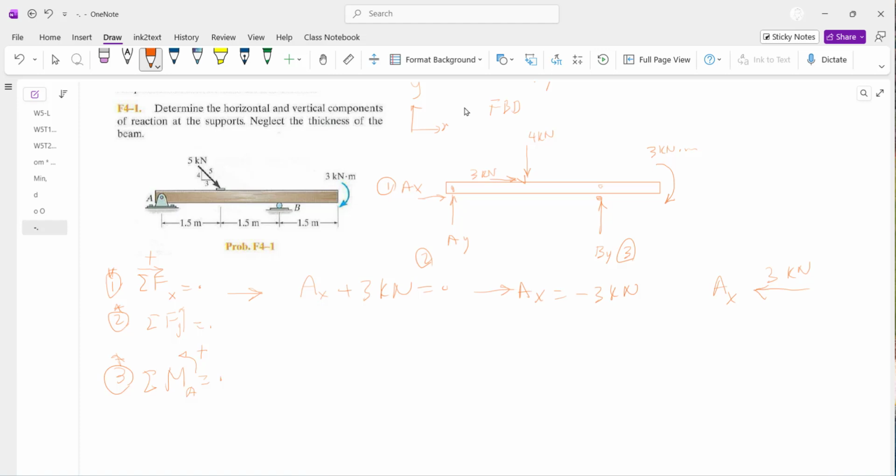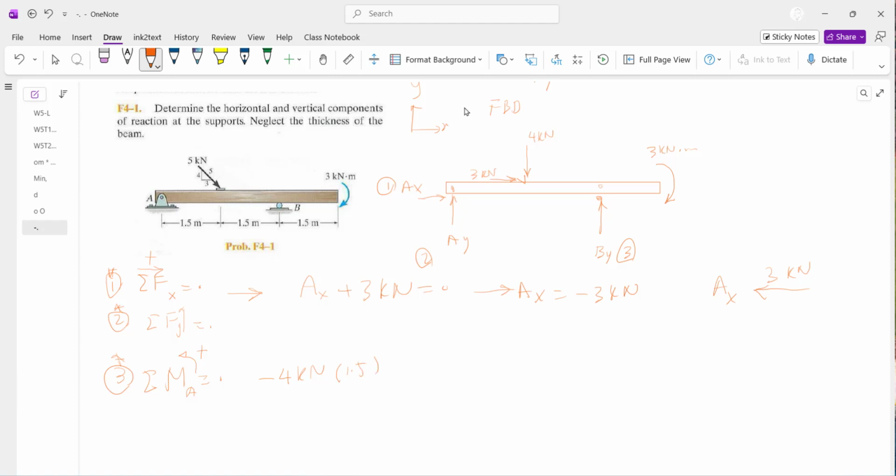It creates a clockwise rotation, downward, with that point being fixed. So this is minus 4 kilonewton. Why minus? Because positive is counterclockwise. Minus 4 kilonewton multiplied by the length, the distance between here and there, that is 1.5 meter.